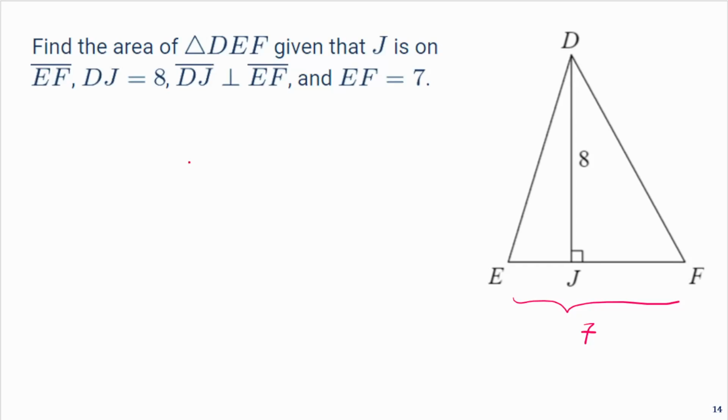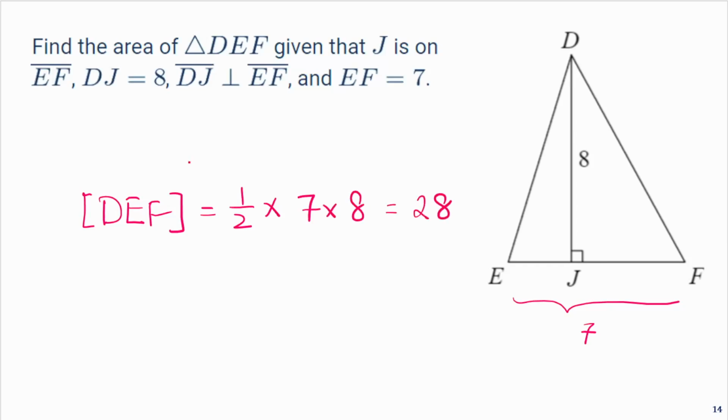So according to what we have learned here, you know the base and you know the altitude, so the area of triangle DEF can be calculated by a half of the base and the altitude or height, which is 28, right? Any questions? No. Okay.